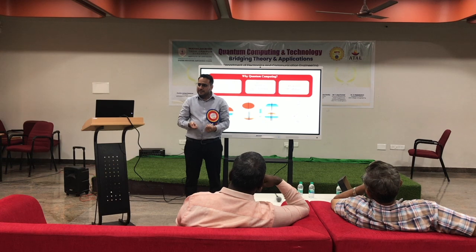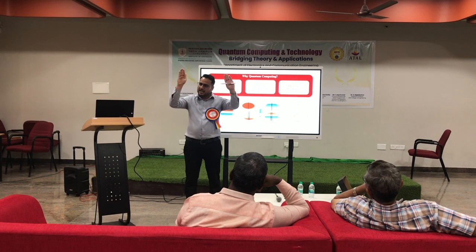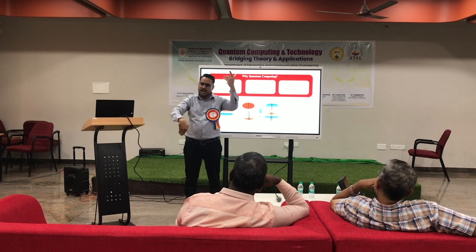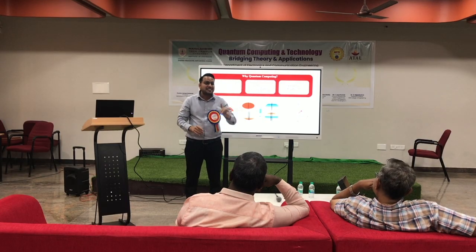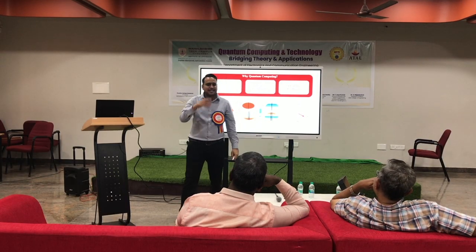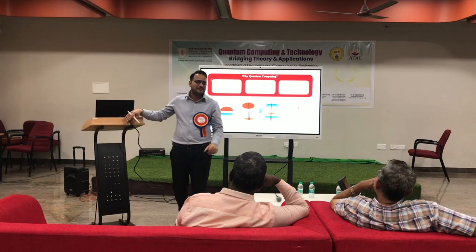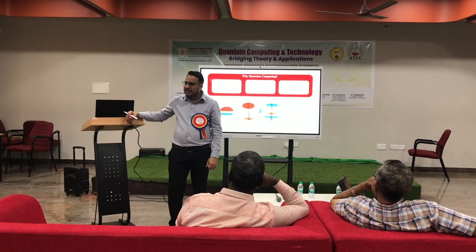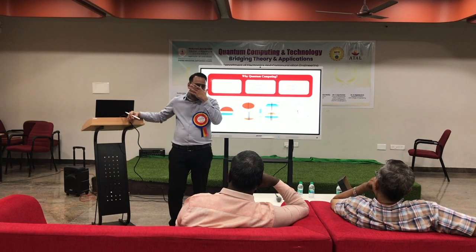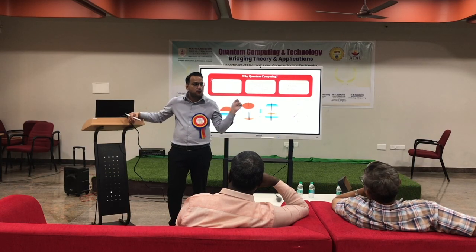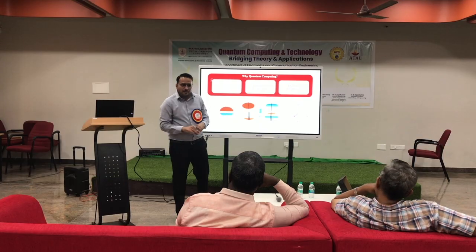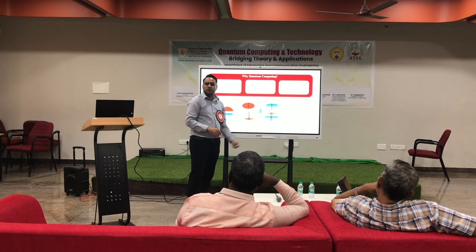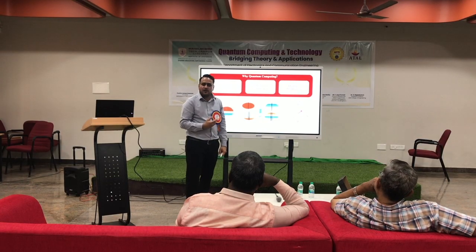If it is up, the other would also be up; if it is down, the other would be down. This is one form of entanglement. I did not say this is the only form. There are four different possibilities through which you may realize entanglement. This one is known as likely entanglement.